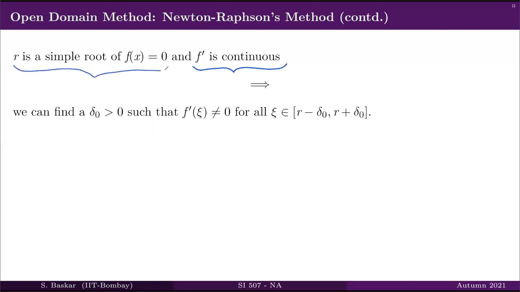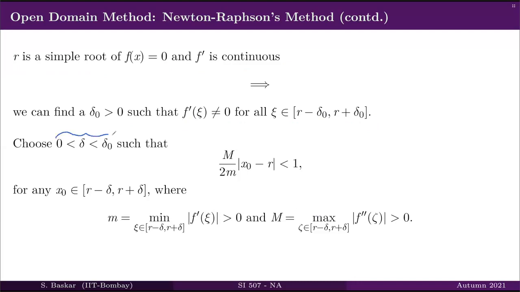Let us use these two assumptions to find a delta-naught neighborhood of r in which f' never vanishes, and then we choose a delta less than delta-naught such that M by 2m into mod x_0 minus r is strictly less than 1 for any choice of x_0 in the delta neighborhood of r, where small m is the minimum of f'(ξ) for all ξ in this delta neighborhood, which is always not equal to 0.